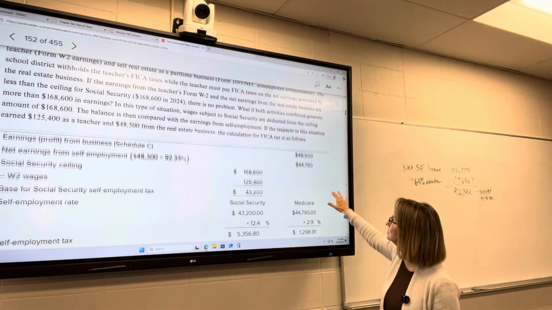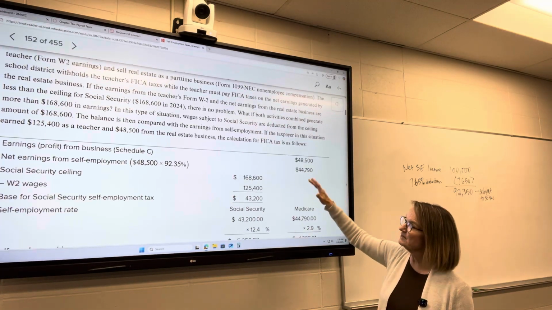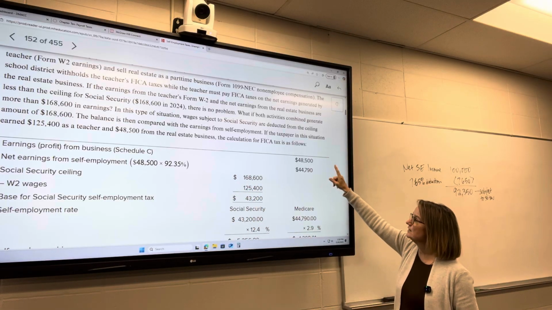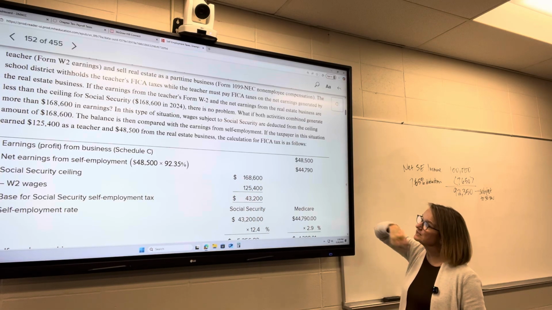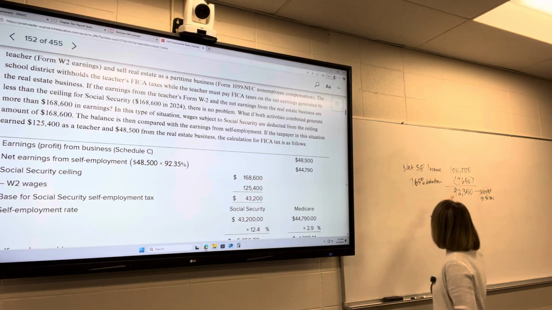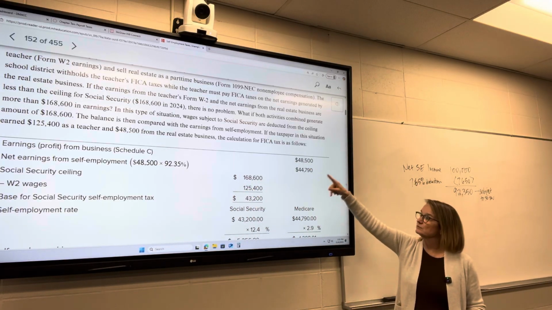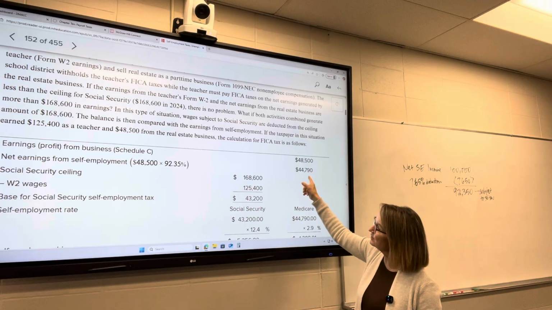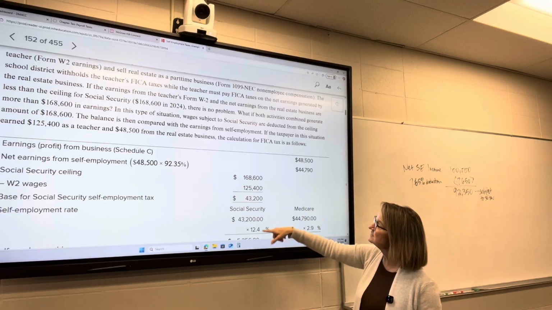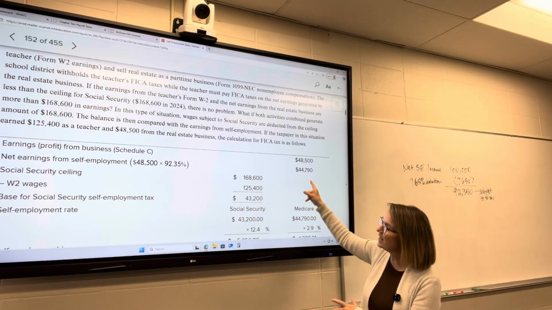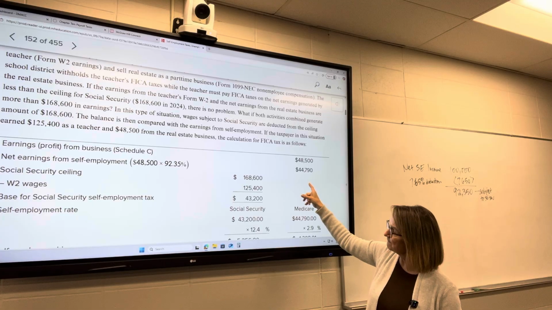So here's the calculation we would do for self-employment if we have net earnings from a sole proprietorship of $48,500. We're first going to deduct that 7.65% from it and arrive at $44,790. In this case, this is an individual that had W-2 wages as well as this income.